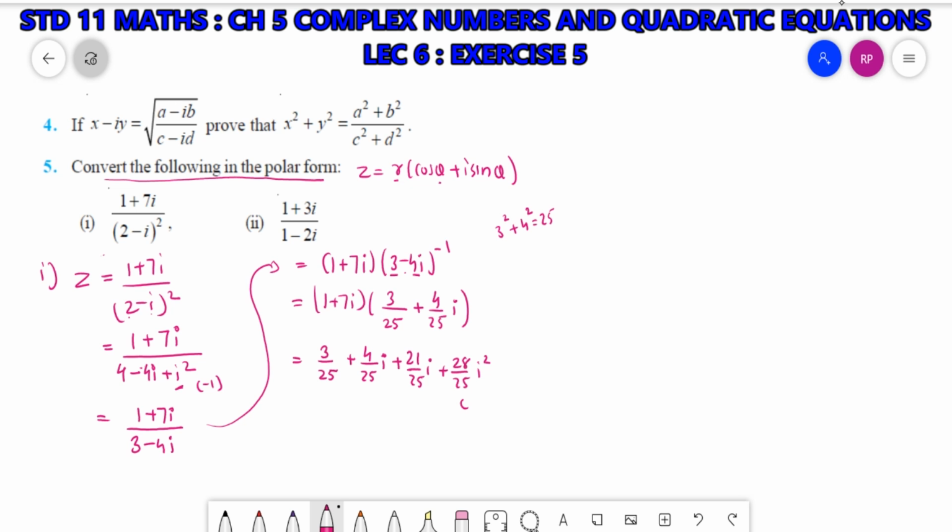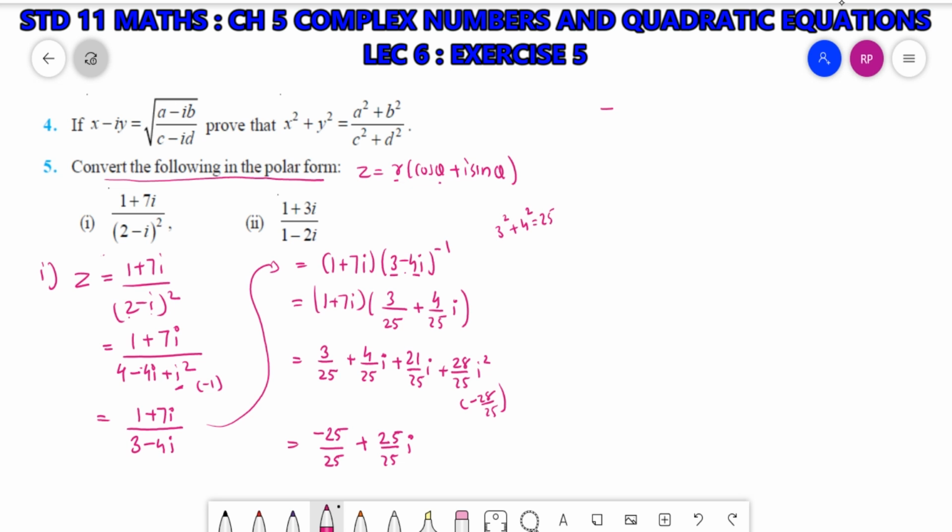So i square is minus 1, so this will be minus 28 by 25. So 3 by 25 minus 28 by 25 will be minus 25 upon 25, plus 4 by 25 plus 21 by 25, that is 25 by 25 i.